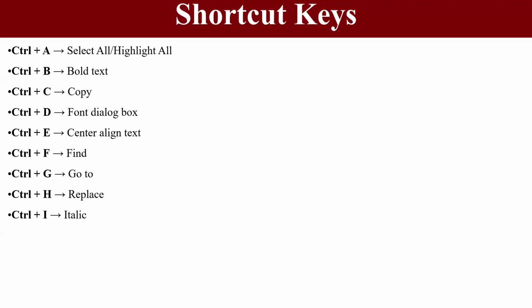Then Control I, italic, that is to make your writing italic, like to make it slanted. It's used for styling font style, whatsoever. Then Control J, that is justify, to justify your writing.